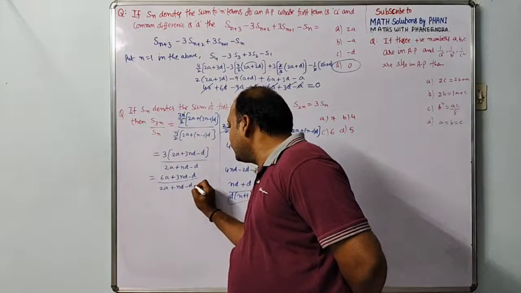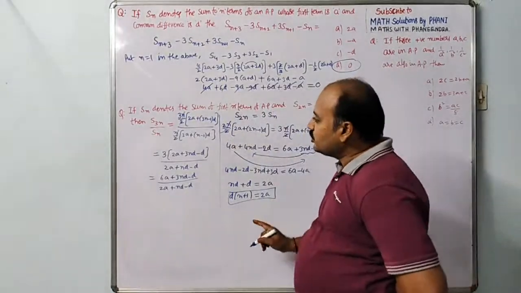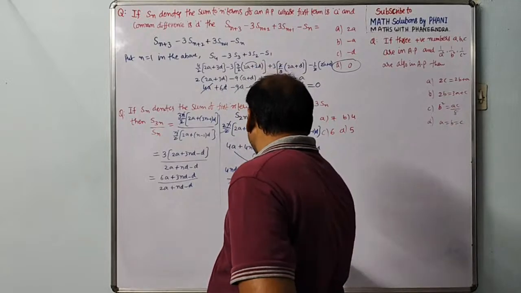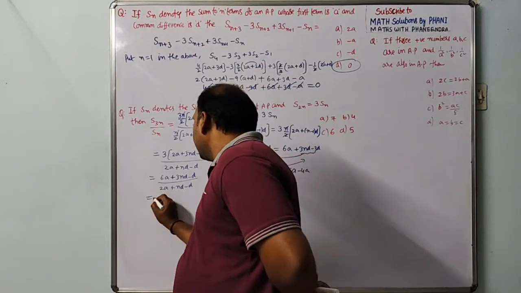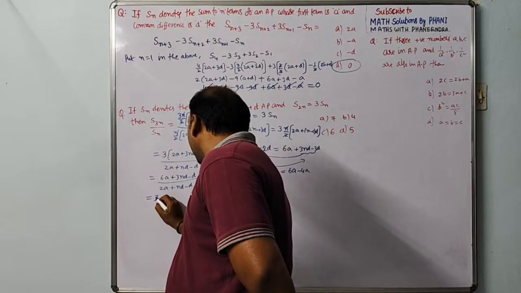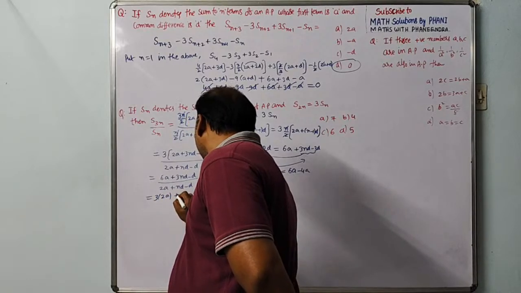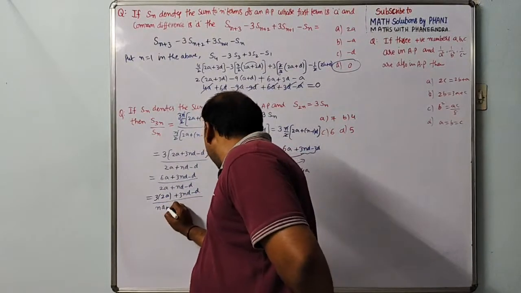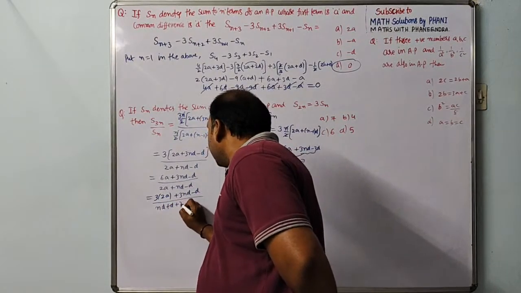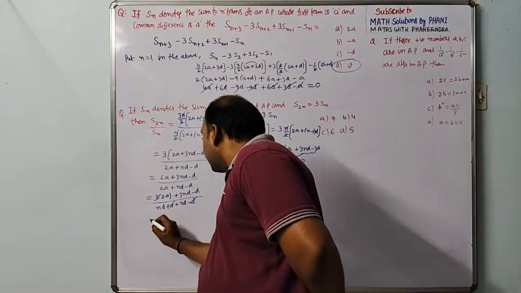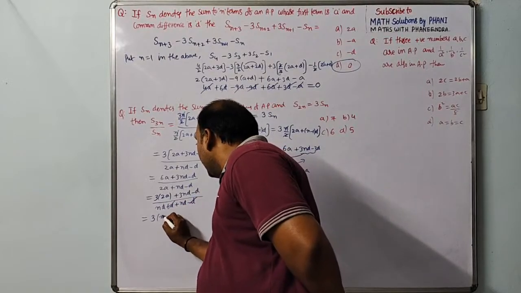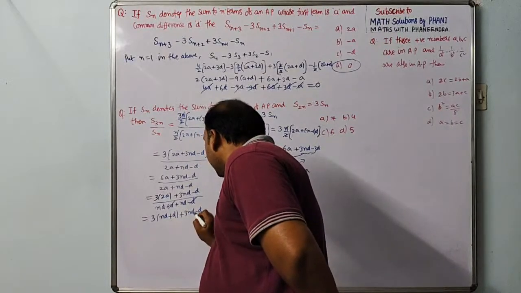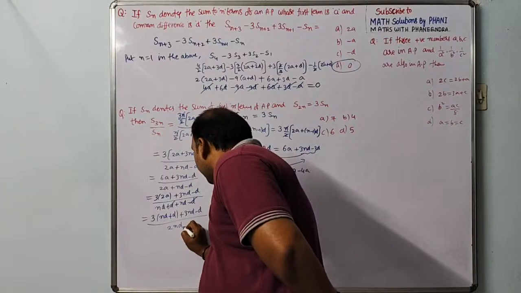Wherever 2a is there, replace it with nd plus d. See, here 6a means 3 times 2a. Plus 3nd minus d, by nd plus d plus nd minus d. These two will be cancelled. So 3 into nd plus d plus 3nd minus d, by 2nd.